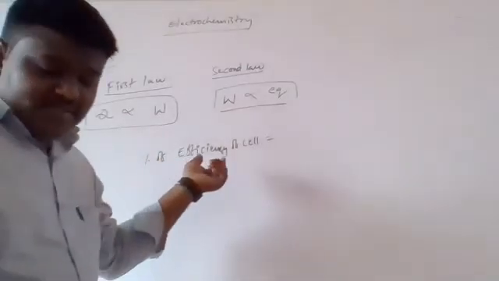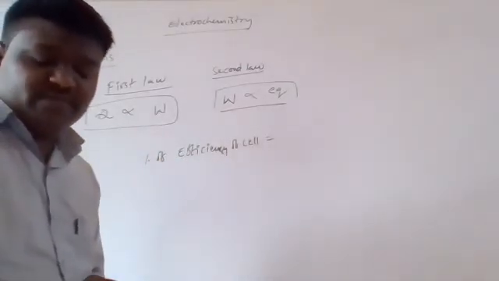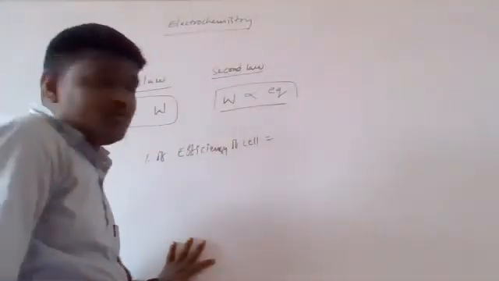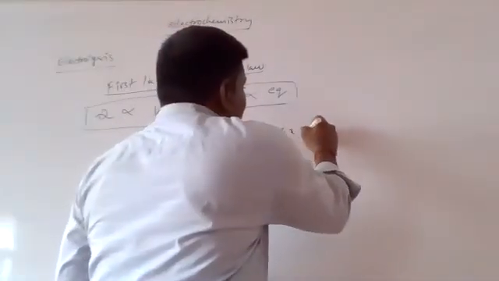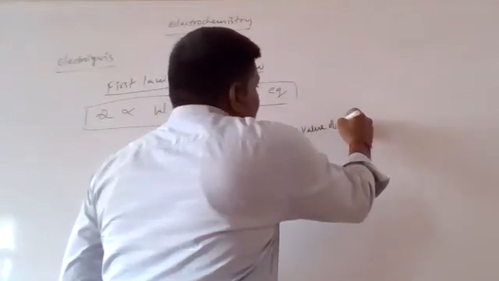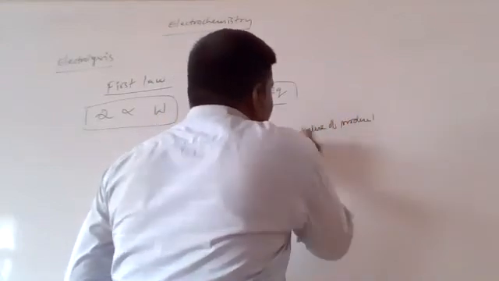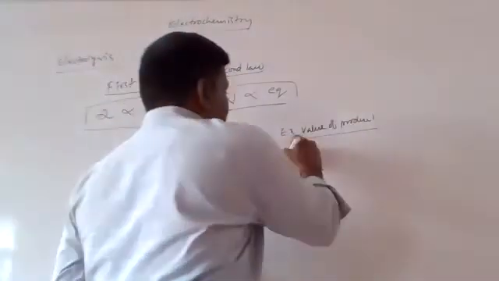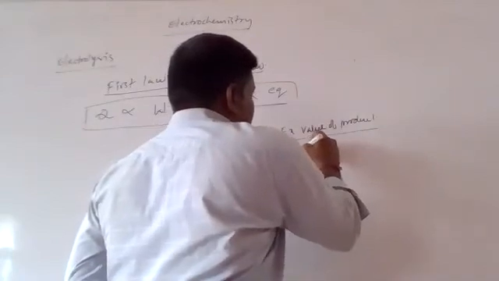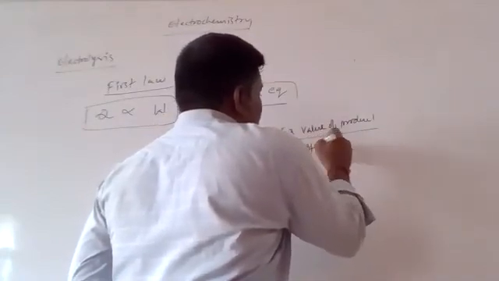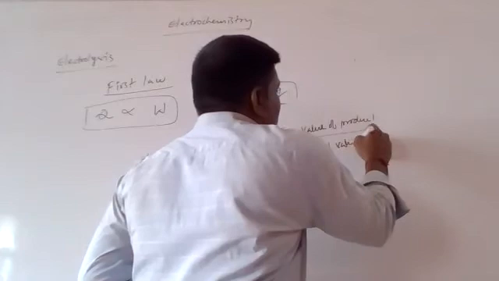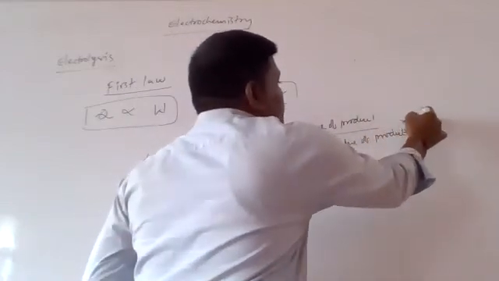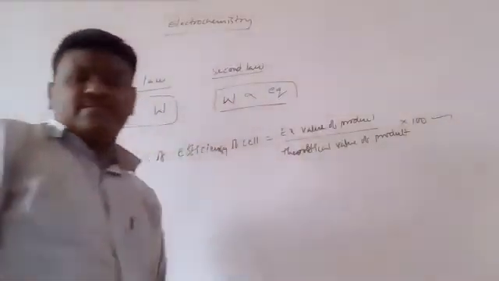Efficiency of cell percentage is equal to the experimental value of product upon the theoretical value of product, into 100 for percentage, so multiply by 100.